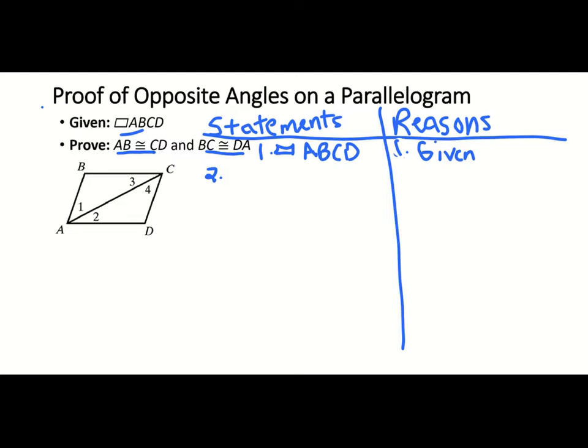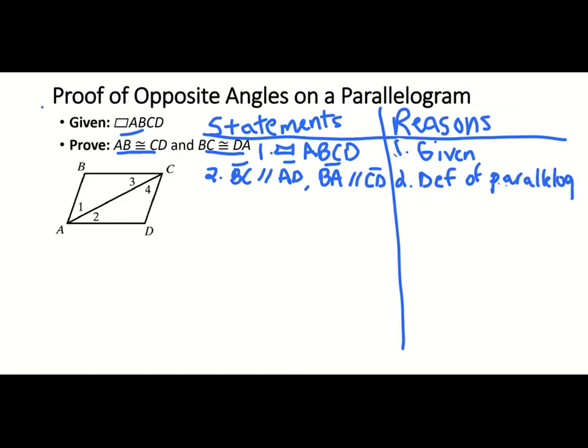So my next step is just going to say, because it's a parallelogram, I know that segment BC is parallel to segment AD, and I also know that BA is parallel to segment CD. And that is just going to be our definition of parallelograms. I usually abbreviate, but I can only fit that part on there, but parallelograms.